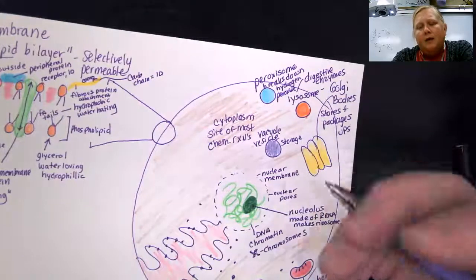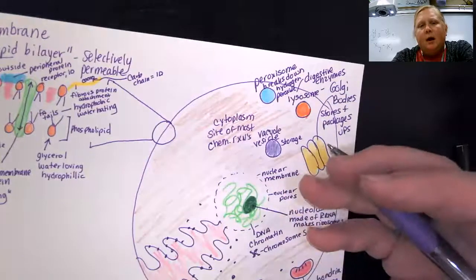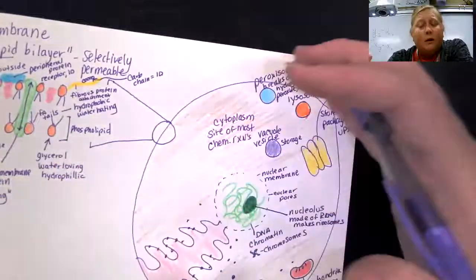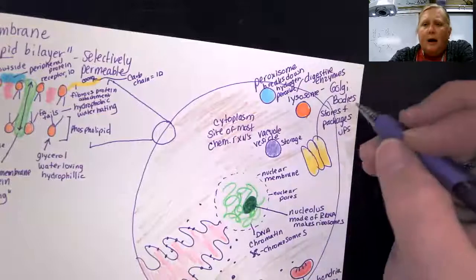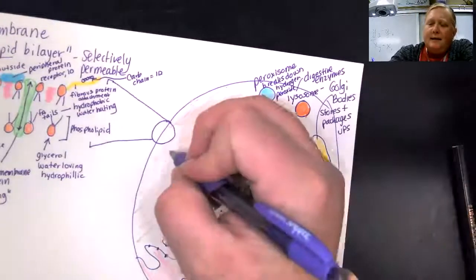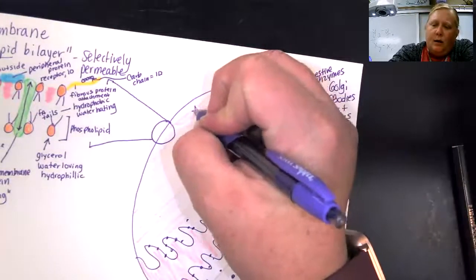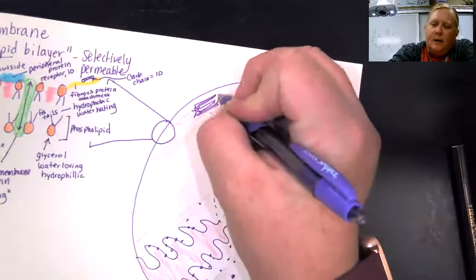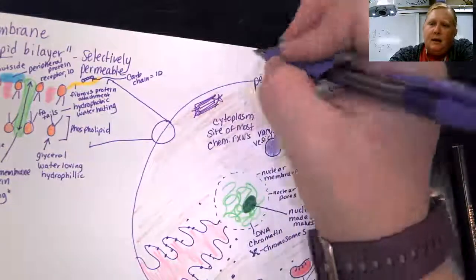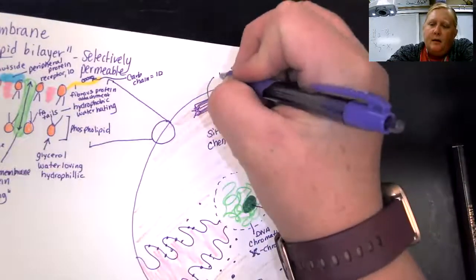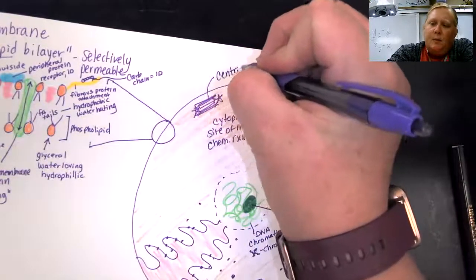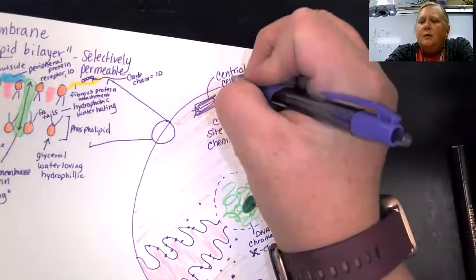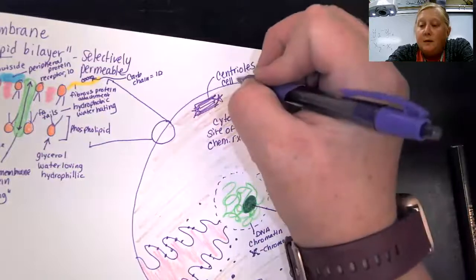The other piece that we need to talk about is how we're keeping all of these things organized in the cell. One last part I want to note here, I'm going to put a star, because when you see the pictures, that's kind of what these look like. This would be the centrioles, because we'll mention those when we get into mitosis.